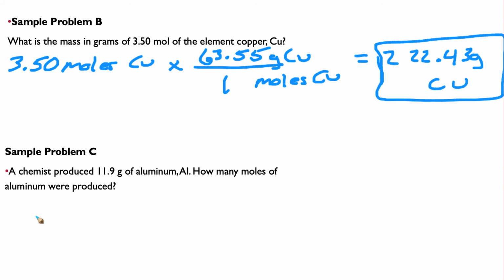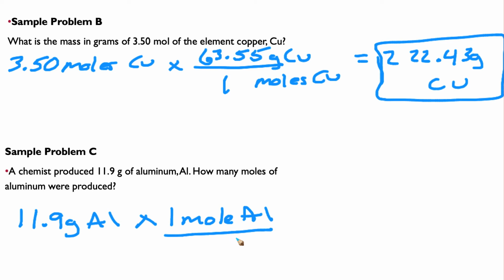Okay, now the next one, we have 11.9 grams of aluminum. We want to go to moles of aluminum, right? So I told you before, the number 1 goes with moles right now, so 1 mole of Al. Now we want grams of Al on the bottom. We need the molar mass of aluminum, which is 26.98.